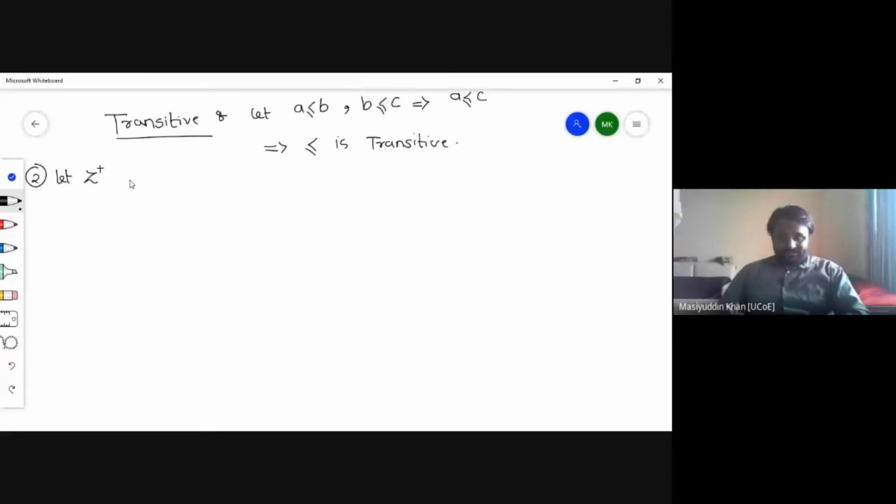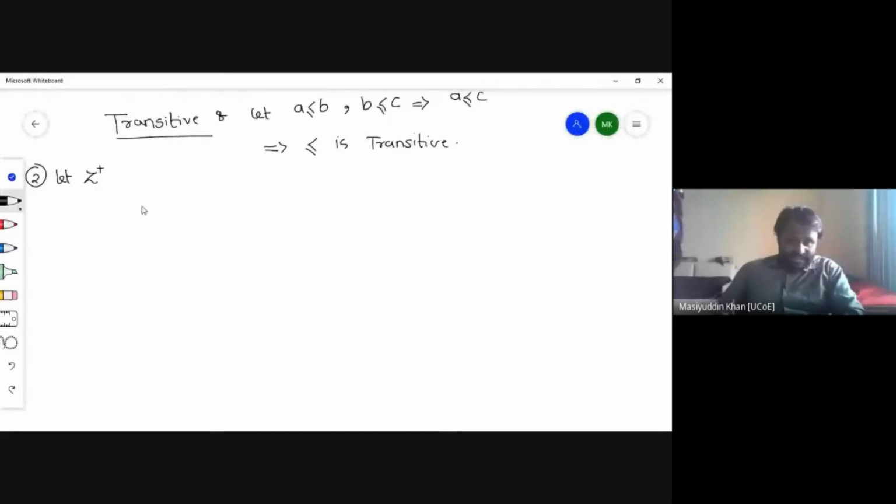When I write only Z in our discrete structure and graph theory, you must understand it is integers. In those integers, negative, positive, and zero all are present. When I write Z minus, it means only negative integers. When I write Z plus, it means only positive integers. So zero is not in both Z minus and Z plus. Only zero is placed in Z. So just make this thing clear.